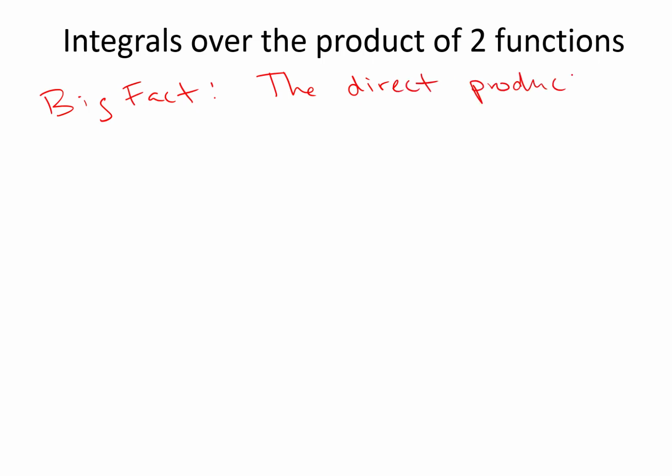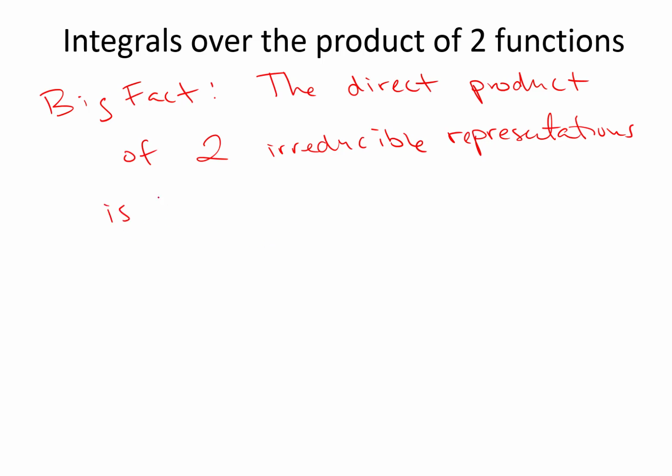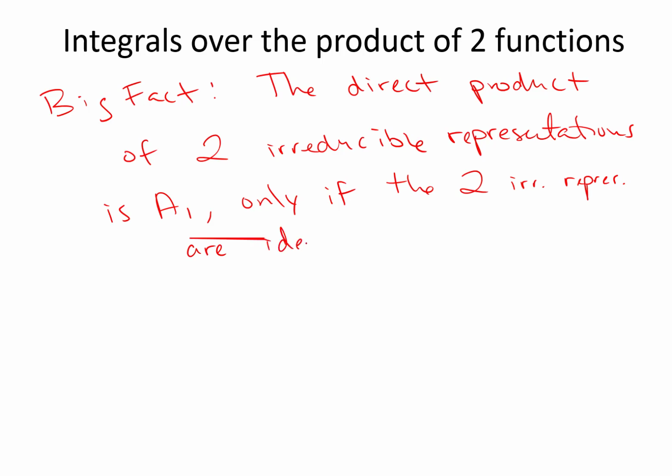The direct product of two irreducible representations is A1 only if the irreducible representations are identical.